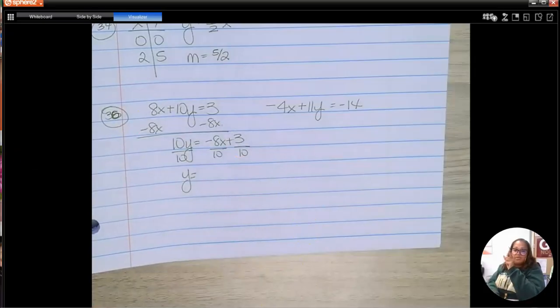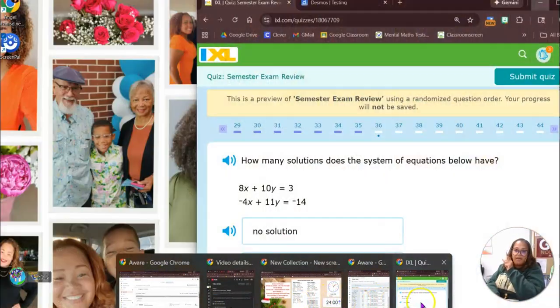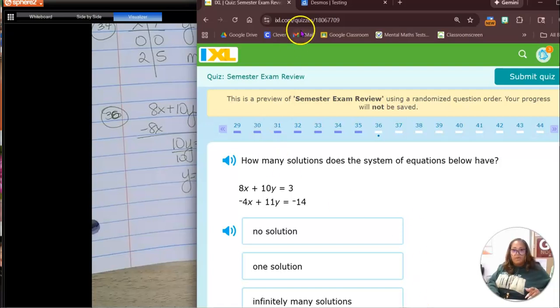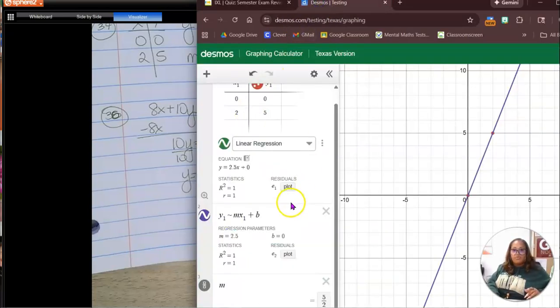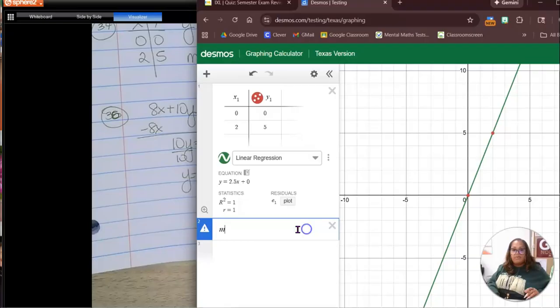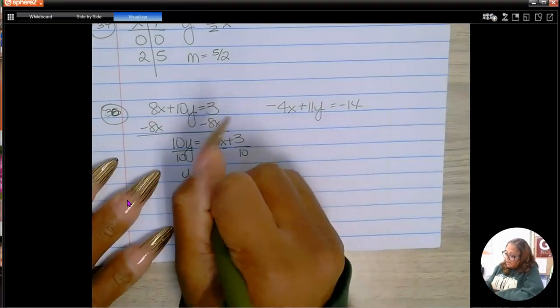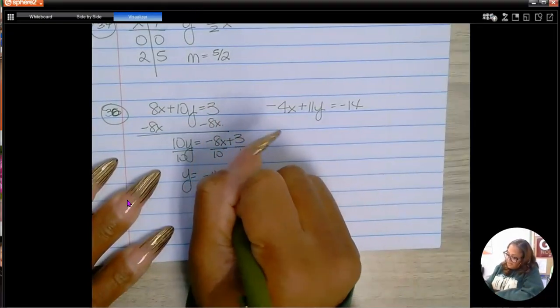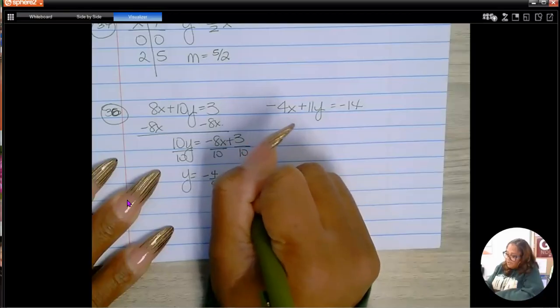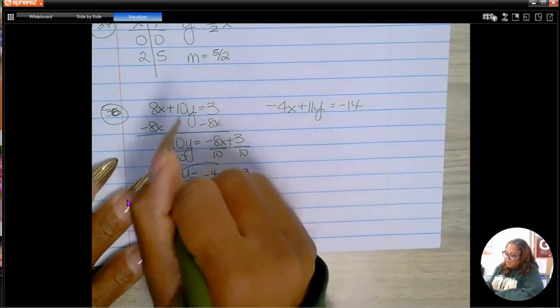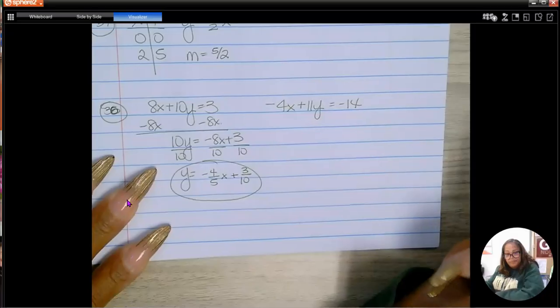Oop, gotta go to Desmos to check to see if I'm simplifying that properly. Clear. Negative 8/10. It should be 4/5, but negative. Negative 4/5 x plus 3/10 is the simplified version because 3 is prime.